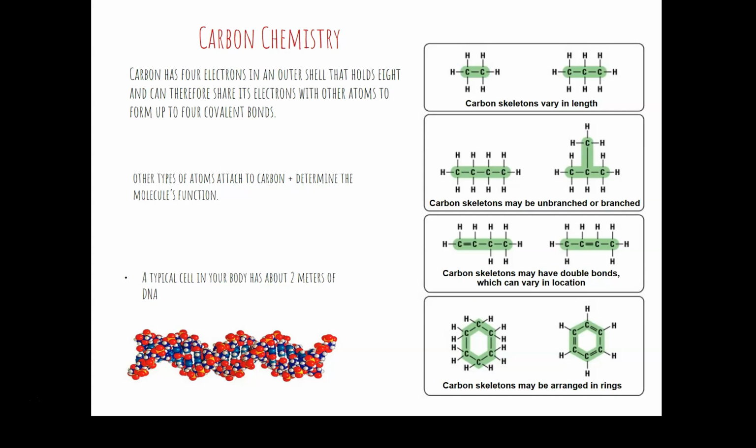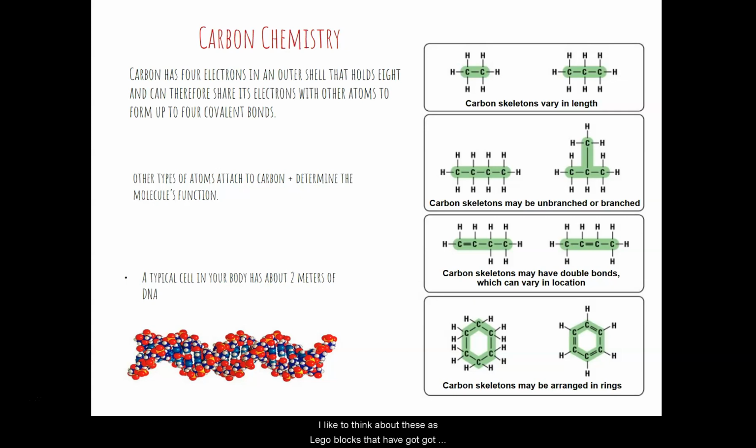Carbon chemistry is really cool. It turns out that as a result of the fact that living organisms are carbon-based life, we have these building blocks that have got a huge variety of three-dimensional shapes that can arise just by simple combinations.